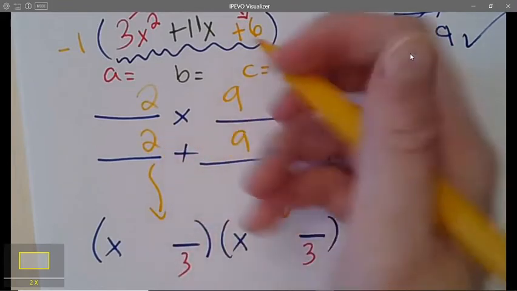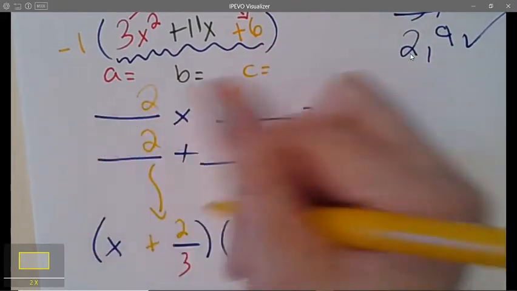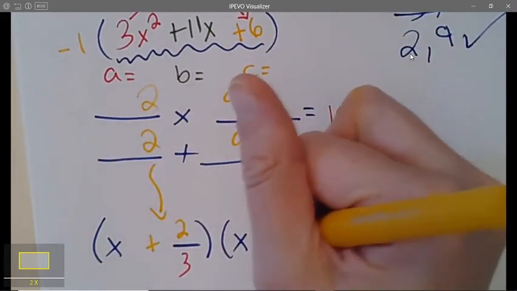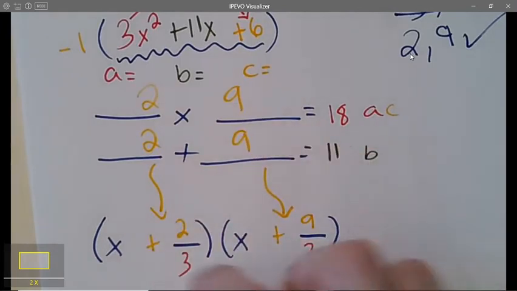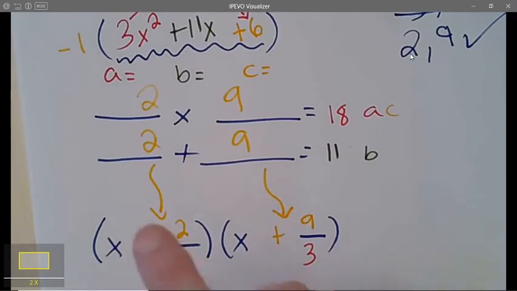This is a +2, so I'm going to add 2. This is a +9, so I'm going to add the 9. And then from here, I'm going to simplify things down. 2 over 3 will not simplify down, but remember, if you have a fraction, you don't want to end up in factored form with a fraction.